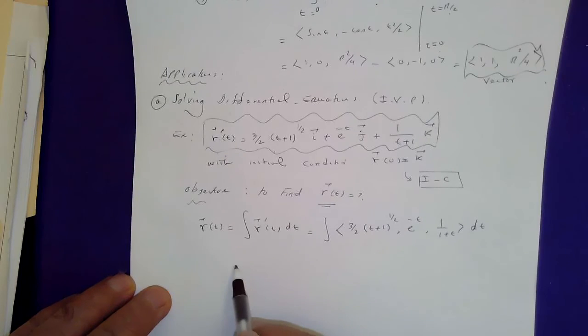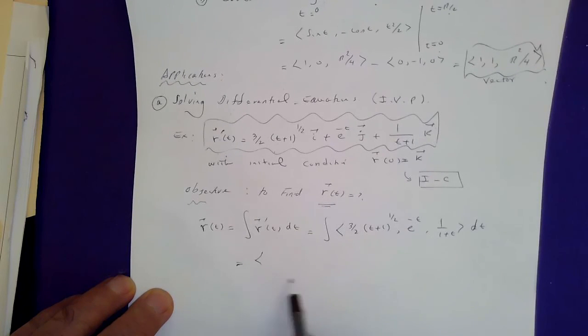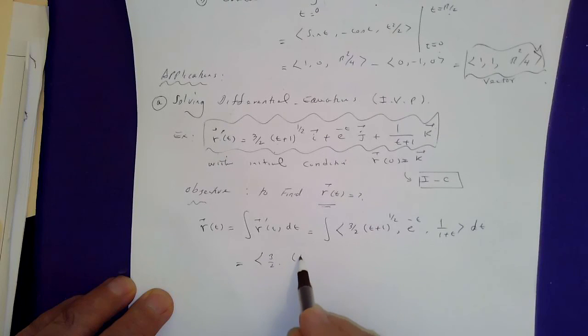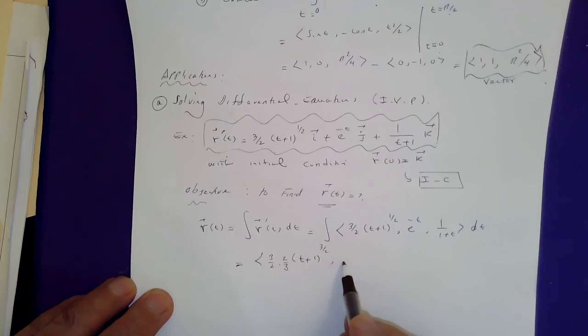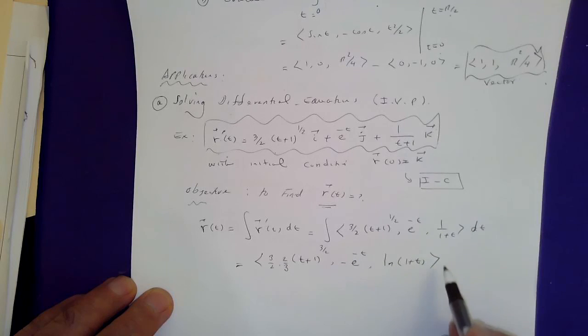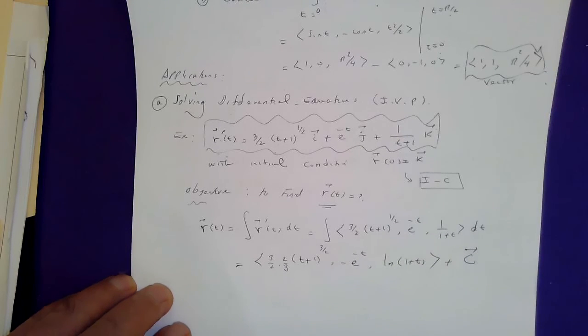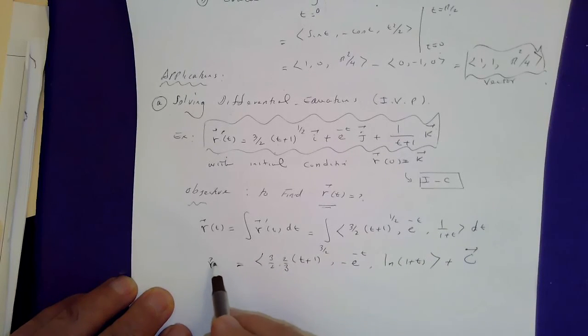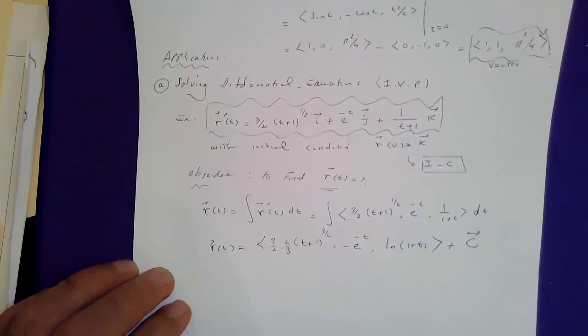Keep in mind, the idea is to take the antiderivative of these one at a time. So that would be 3/2 times (t plus 1) to the power of 3/2 times 2/3, negative e to the power of negative t, and the last one is natural log of 1 plus t. Don't forget the c. So this is your r of t in general, correct?